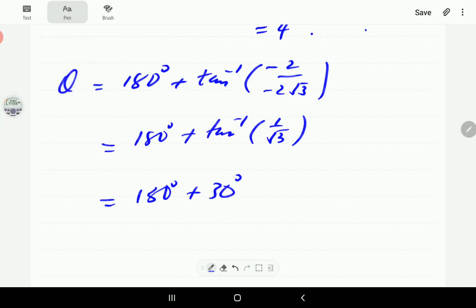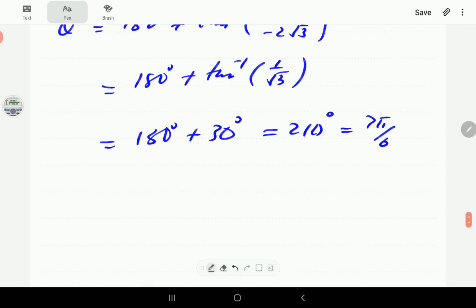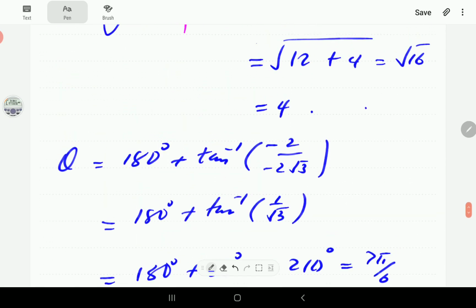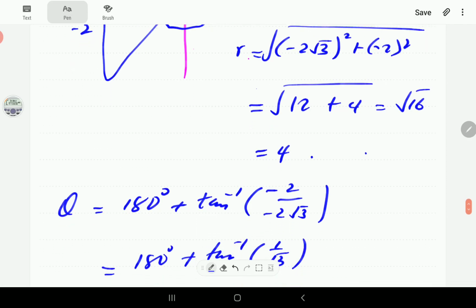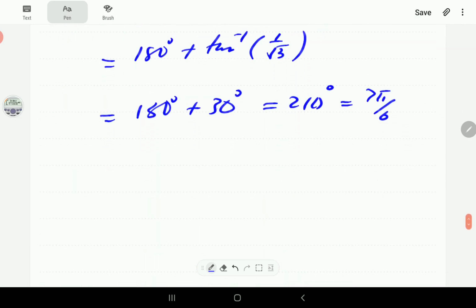So this is plus 30 degrees, so this is 210 degrees. 210 is 7 pi over 6 in radians. But if we want to read it this way, then that's simply going to be negative 150, which is going to be negative 5 pi over 6.